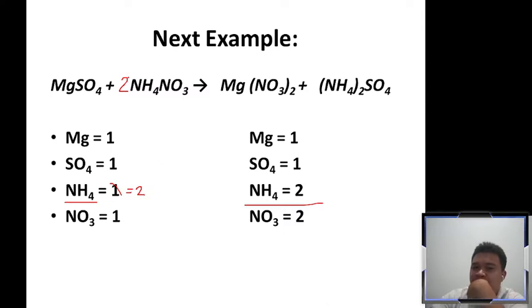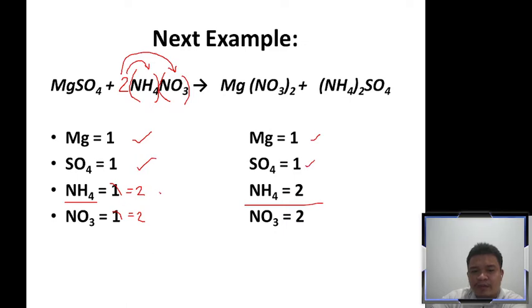But remember, as I add 2 as a coefficient here, the distributive property applies again. So I distribute 2 on NH4 and I also distribute it on NO3. So NO3 here now, instead of having 1, has 2 because I distributed 2. And by just adding 2 to the equation, as you can see, I made a miracle. This one is balanced, this one is balanced, this one is balanced, and this one is balanced.